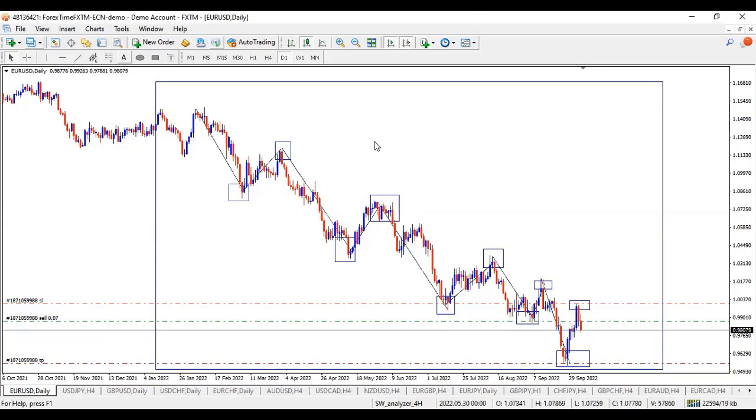Okay, so initially we realized that price is moving downwards. It's a bearish trend. Price is creating lower highs, lower lows, lower highs, lower lows, and so on and so forth.